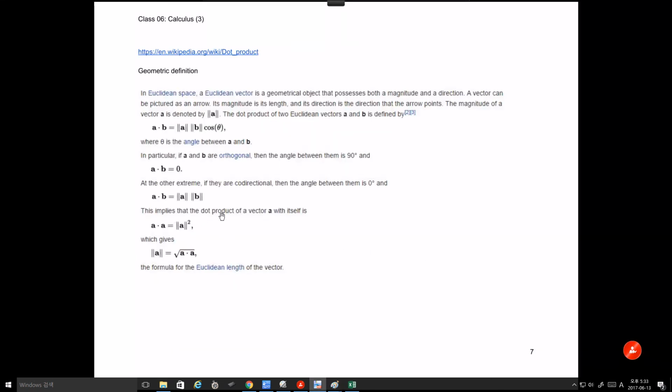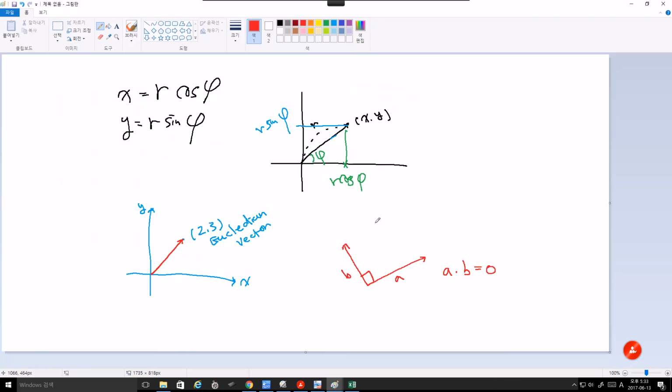Second, this implies the dot product of A with itself. Now A and A. So A dot A is A and A cosine 0, right?